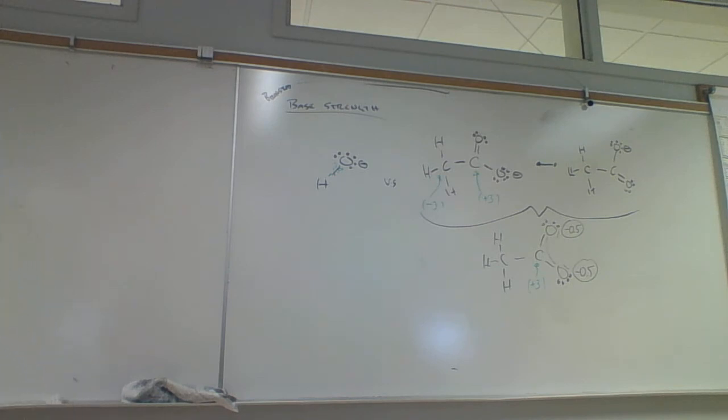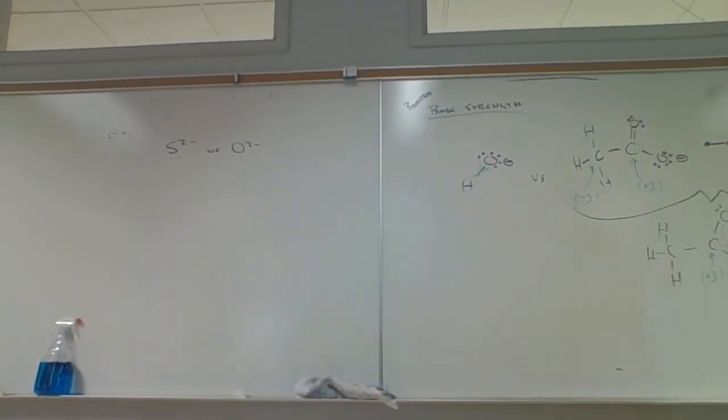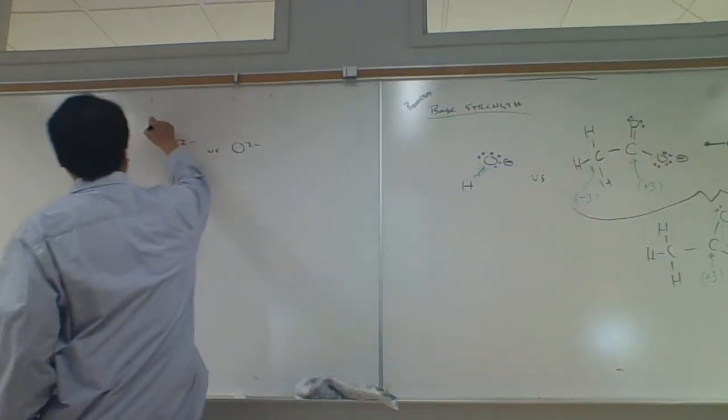And so let's do a quick example here of this. Sulfide versus oxide. Which one's a more powerful base? Which one's a weaker base? This will just be for Bronsted.